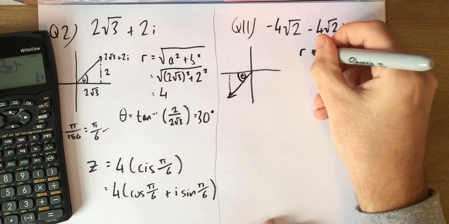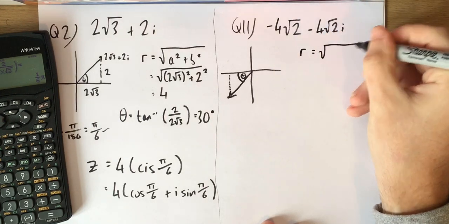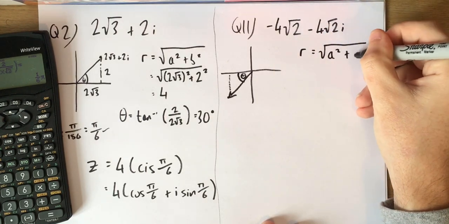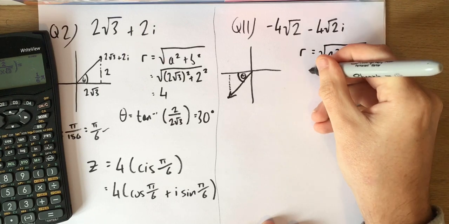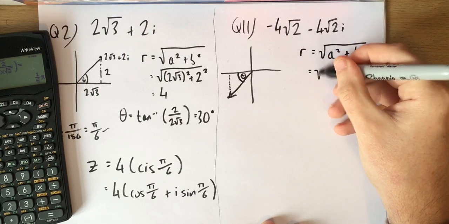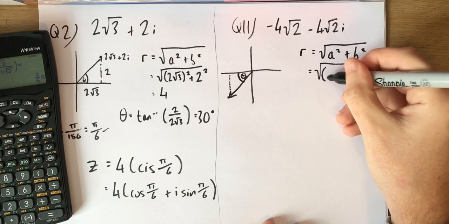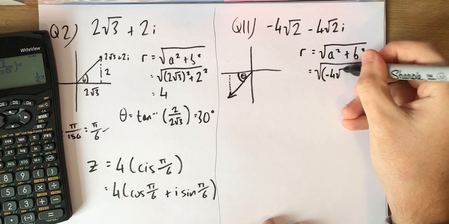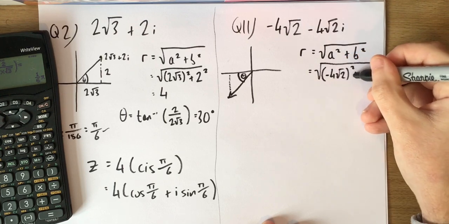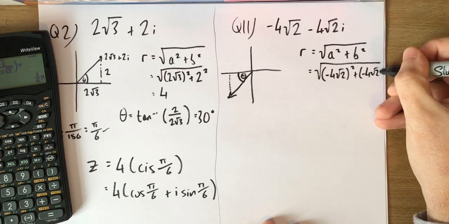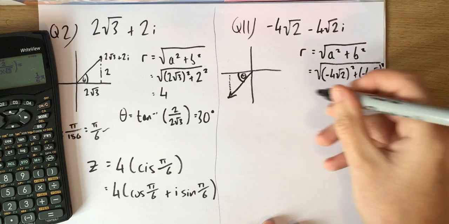So r is equal to the square root of a squared plus b squared. So r is equal to the square root of minus 4 root 2 squared plus minus 4 root 2 squared.